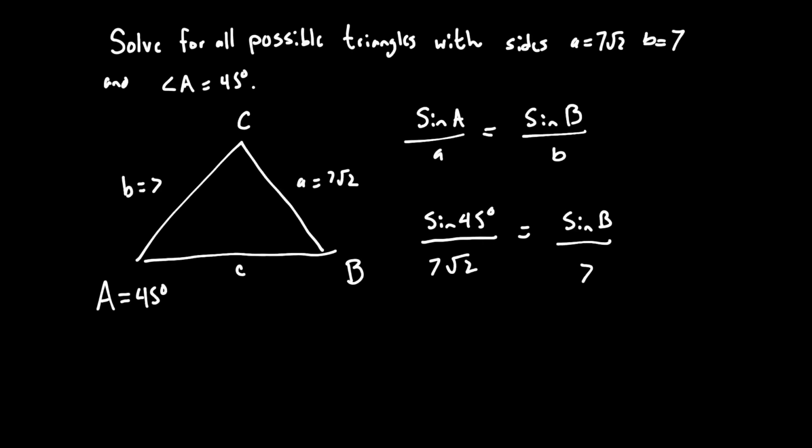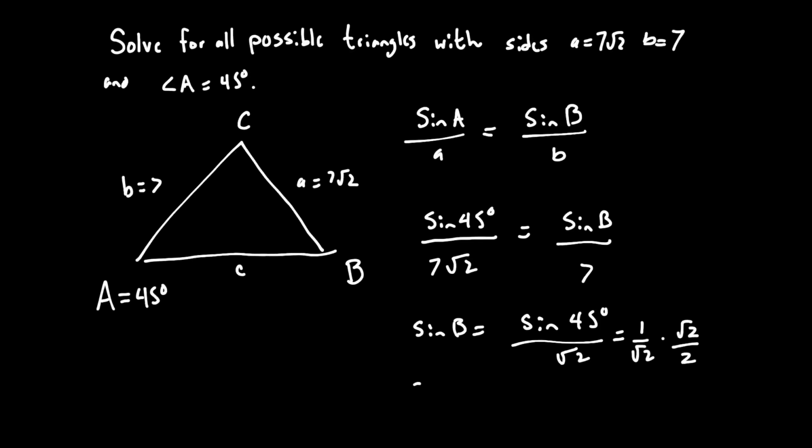Multiplying by 7 on both sides, sine B is equal to sine of 45 degrees divided by the square root of 2. Simplifying the sine of 45 degrees, this is equal to 1 divided by the square root of 2, times the square root of 2 divided by 2.